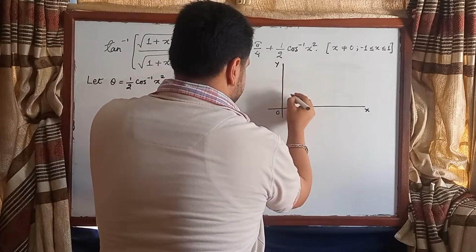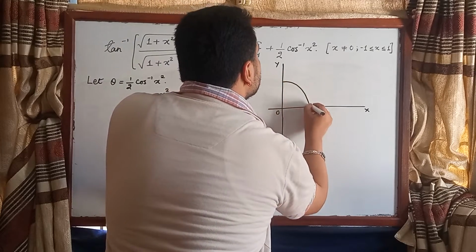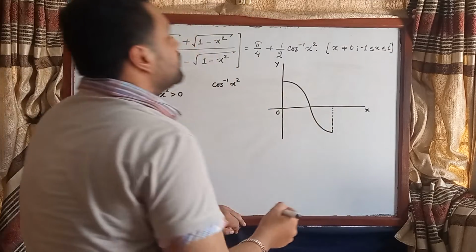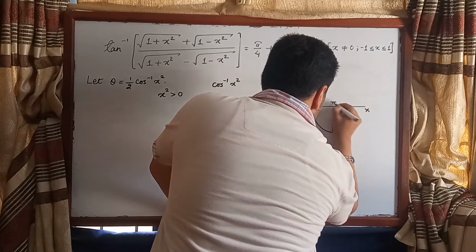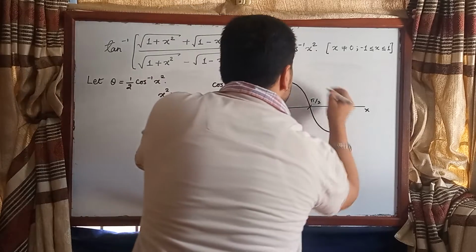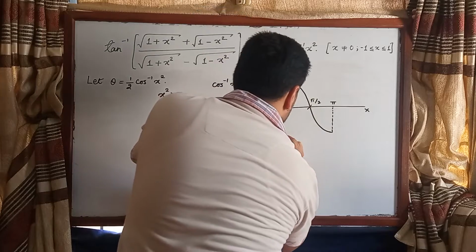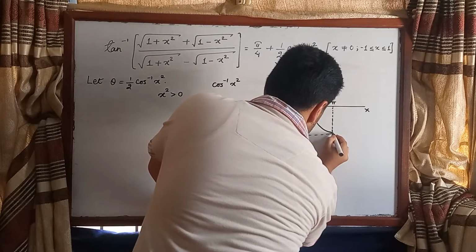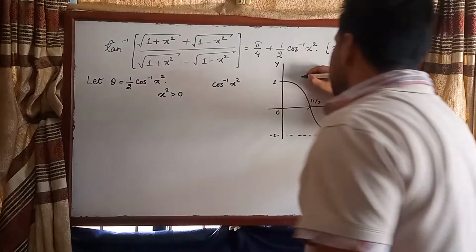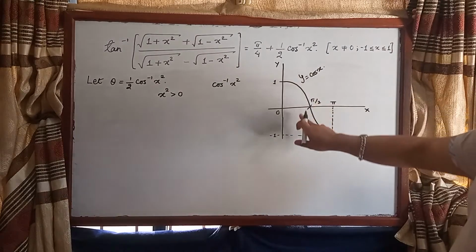Now, if I can draw it correctly, this is the cosine function under the restricted domain. Here's 1 and at this point is -1. This is y equals cosine of x.